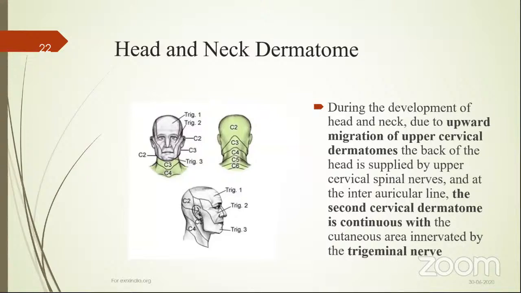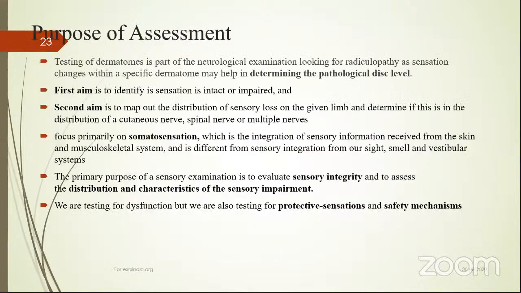So we come to the assessment. Why do we have to assess the dermatomes? What is the purpose of assessment? First, determining the pathological level: at which level there is a pathology. We want to know whether sensation is intact or impaired, whether the person can feel the sensation.